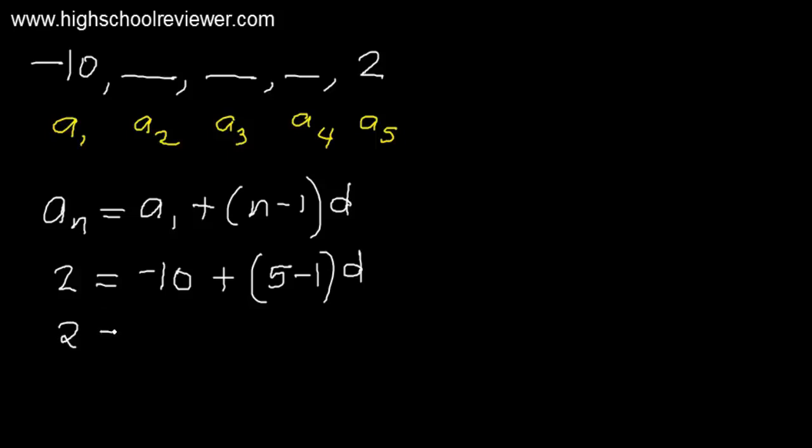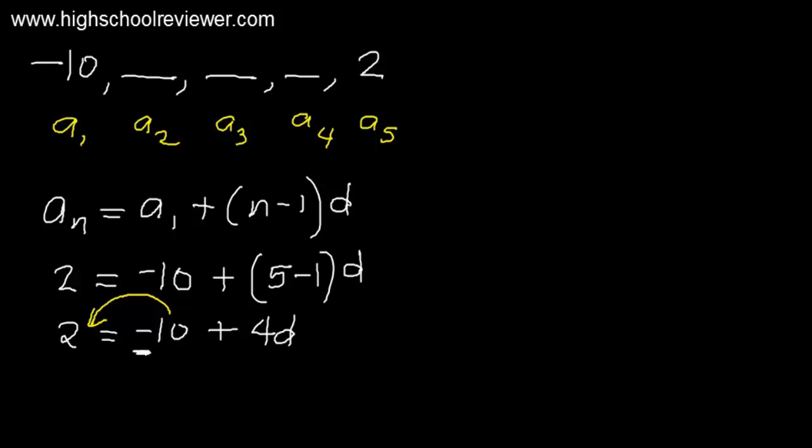So 2 equals negative 10 plus 5 minus 1 is 4, so 4 multiplied by d, that will be 4d. So to solve for d, we need to transpose negative 10 to the other side. If we are transposing, we are going to change the sign.